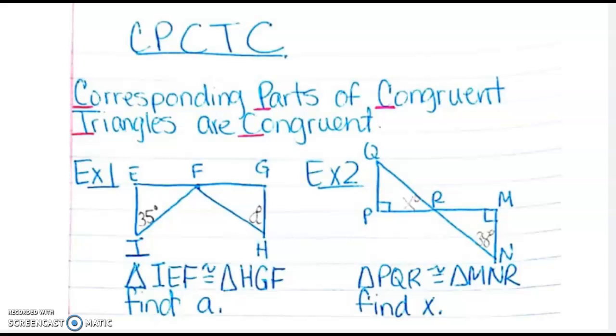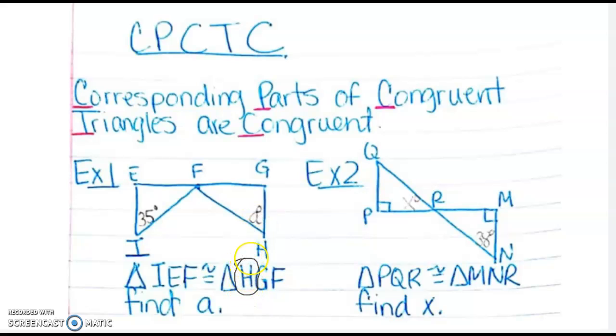So if I take a look at my example here, it tells me triangle IEF is congruent to triangle HGF. So at some point in time, they've already been marked congruent. Okay, and I want to find A. A is angle H. So here's angle H. It's the first angle listed.